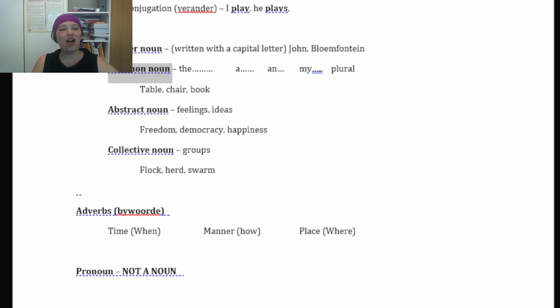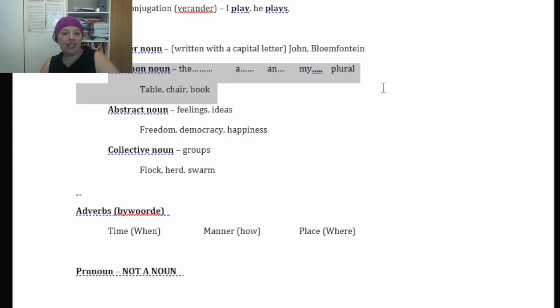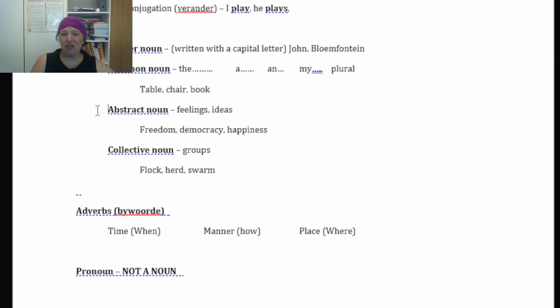Okay, then we've got a common noun. So this is 'n soort naam in Afrikaans. If you're unsure whether it's an abstract noun or a collective noun, then just go with common noun. Usually with a common noun, you can put the, a, or an in front of it, or my, his or her, and you can make it into a plural.